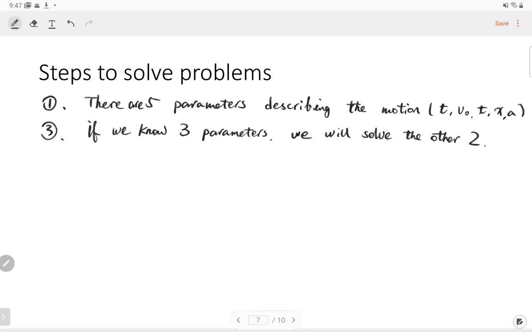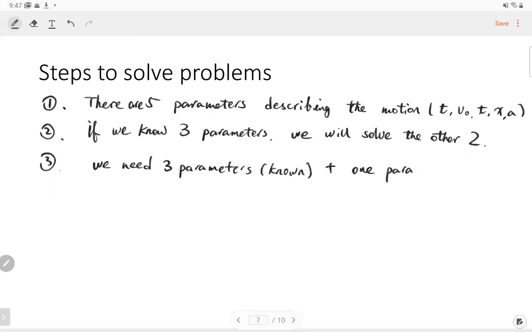Okay, then let's see. Hold on, this is the second point. The third point, we need to know 3 parameters. This is what we know, plus 1 unknown parameter, the parameter we're going to solve.